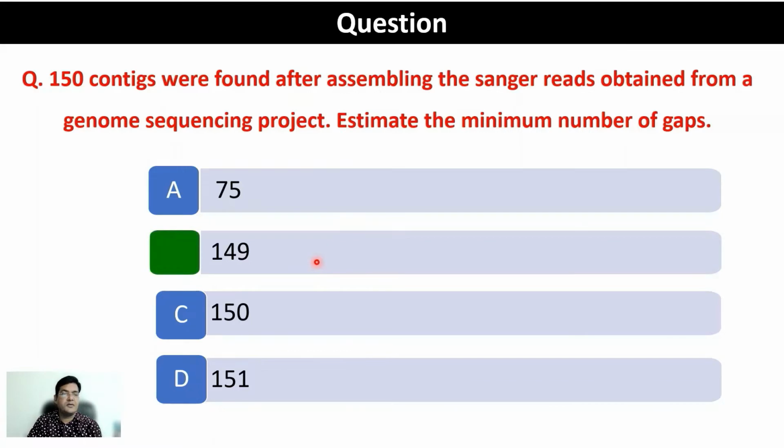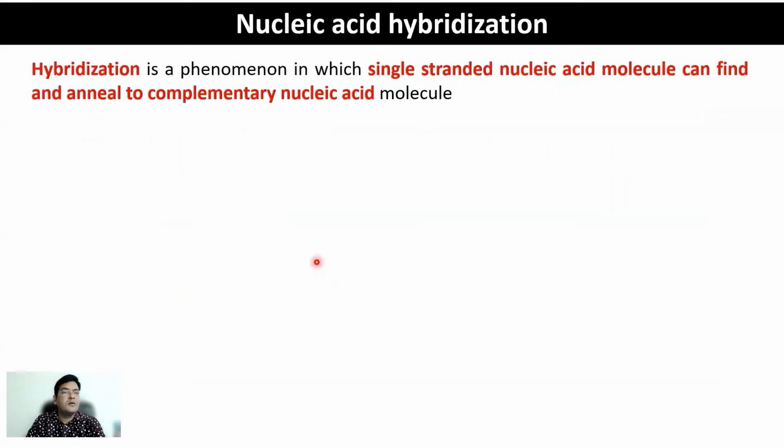149 is correct. So now we come to the next concept here, and this is a concept that is universal and is used not just in genomic libraries, also for northern and southern experiments. So this is known as nucleic acid hybridization. So here you are, and hybridization is a phenomenon in which a single-stranded nucleic acid molecule can find its complementary nucleic acid molecule.